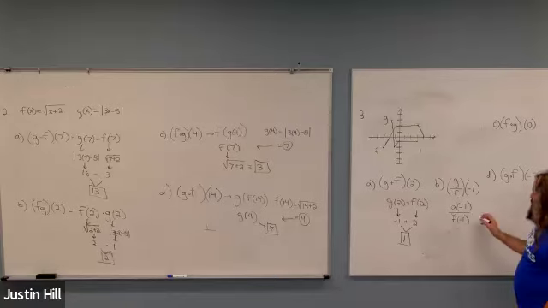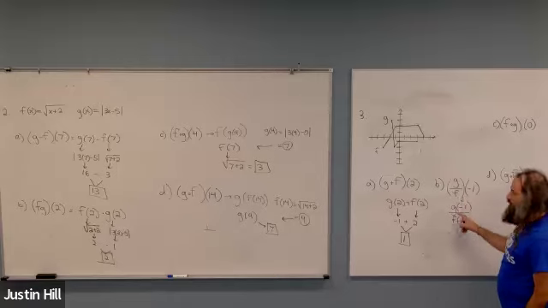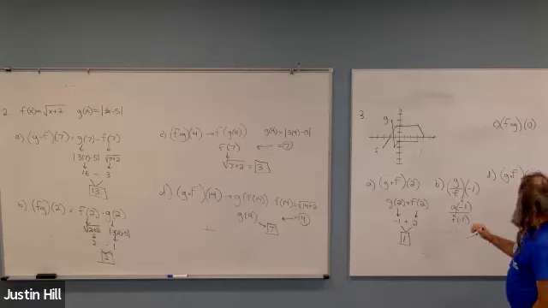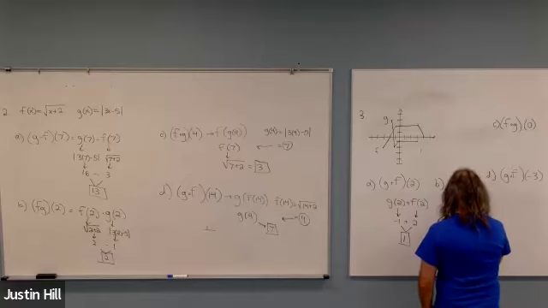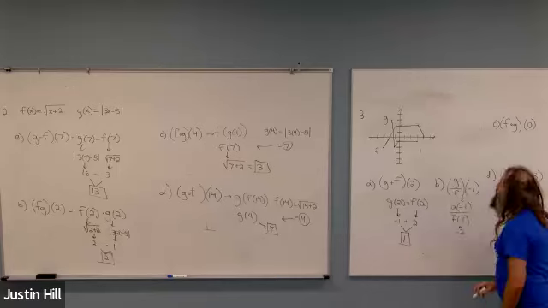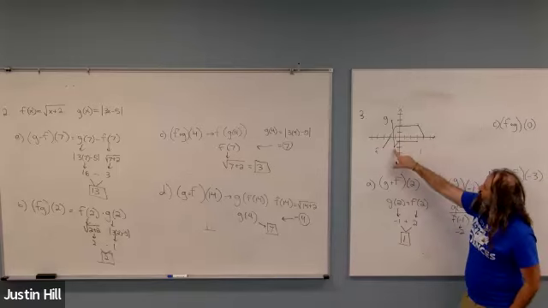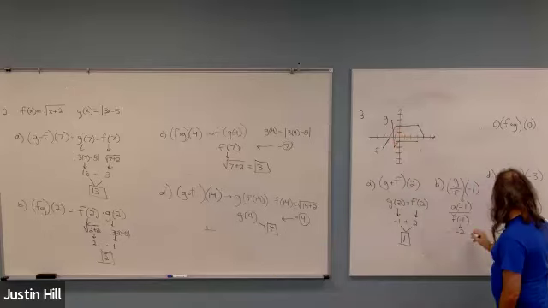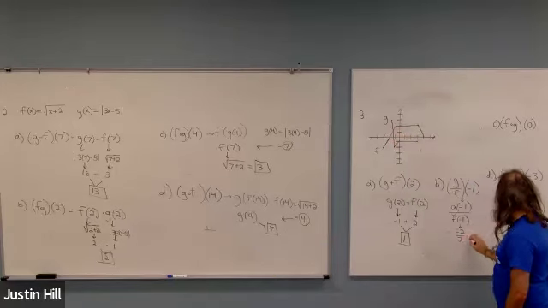And what is G of -1? G of -1 is -2. What is F of -1? 2. And what does that give you?